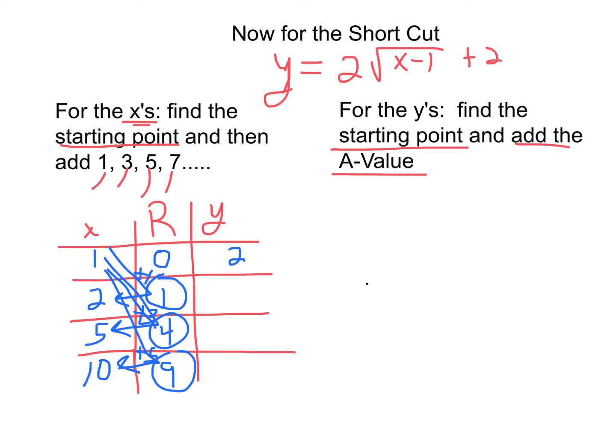Now from here, we're going to add the a value every single time. So here's my a value, 2. Add 2, I get 4. Add 2, I get 6. Add 2, I get 8. And it gives you your coordinates much easier. So here we go. We're going to take a look at a few examples.